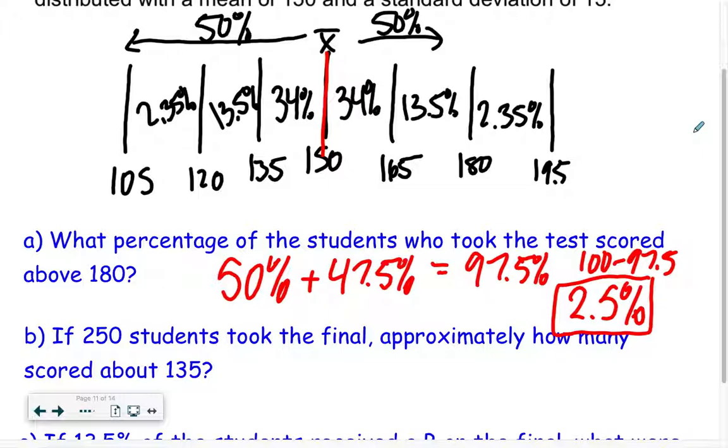The about should be above. Sorry. So how many scored above 135? Would we include 135 or no? Yes.